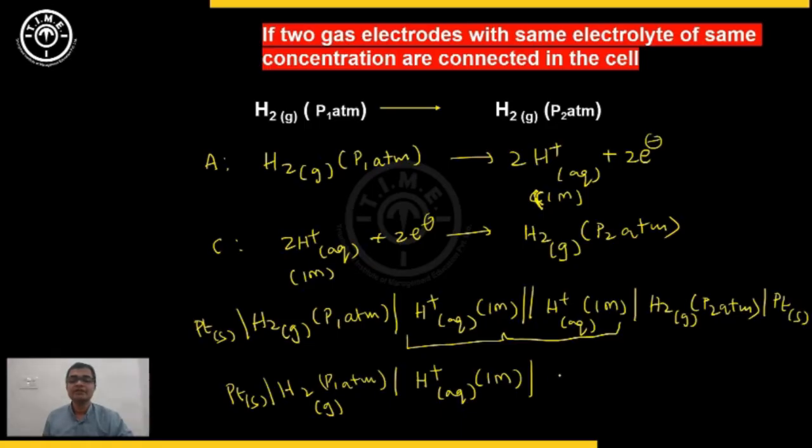It can be written this way also: H2 gas, with its pressure P2 atmosphere, then platinum solid. So this is also a simple way you can notate this cell.